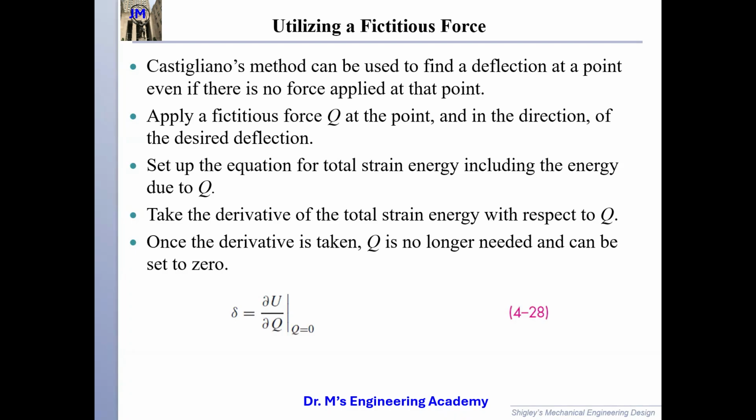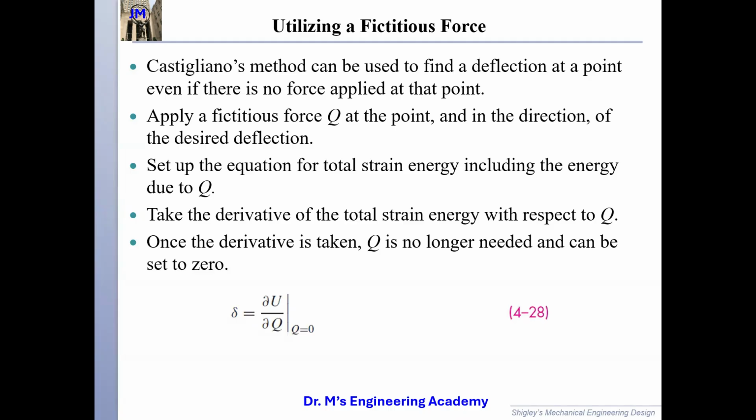This is just an imaginary force at that point, in the direction of the desired deflection, and set up the equation for total strain energy, including the energy due to Q. Just assume Q is there, but finally we know it equals zero. Then take the derivative and just set Q equal to zero, and you will get the corresponding delta.